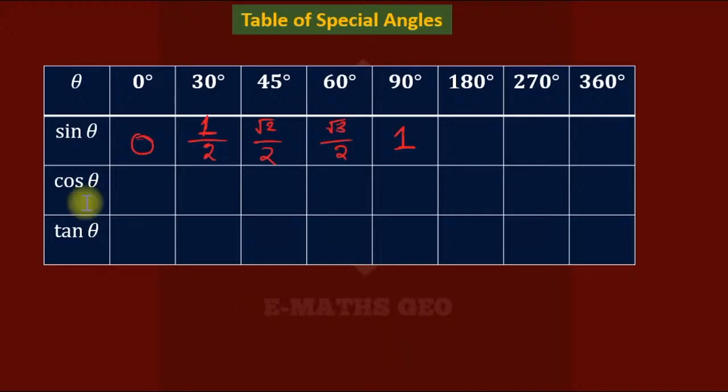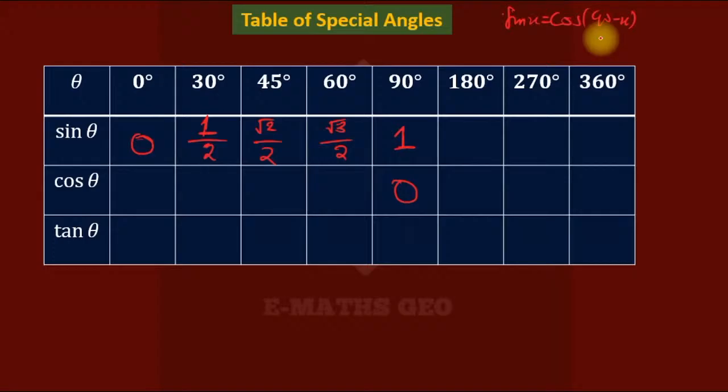From our cofunction identity, sine 0 and cos 90 are the same. Do you remember? From our cofunction identity, sine x is cos of 90 minus x. So sine 0 is cos of 90 minus 0, which is cos 90. So sine 0 and cos 90 will be the same thing, which is 0.